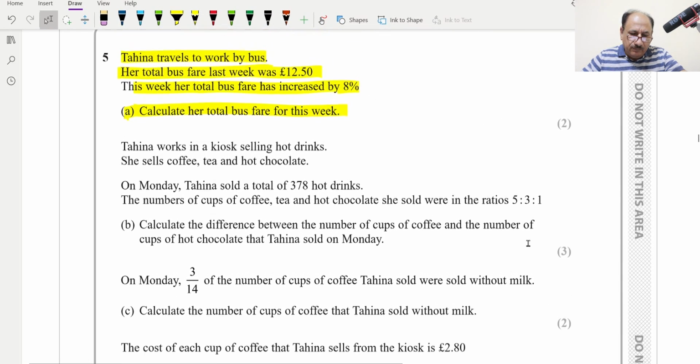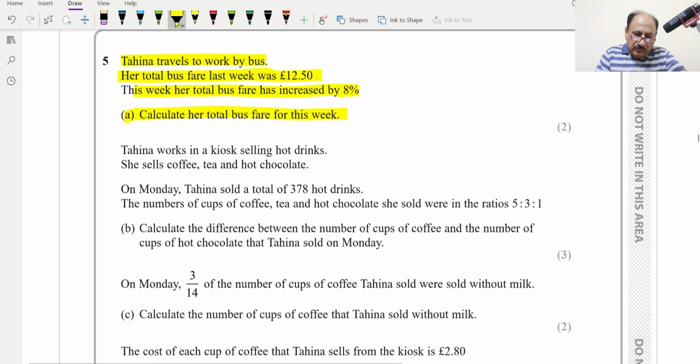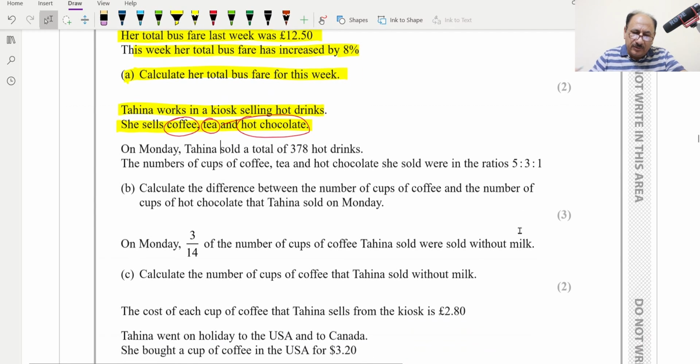Now for B part. Tahina works in a kiosk selling hot drinks. She sells coffee, tea, and hot chocolate. Three categories: coffee, tea, and hot chocolate, so three types of hot drinks.